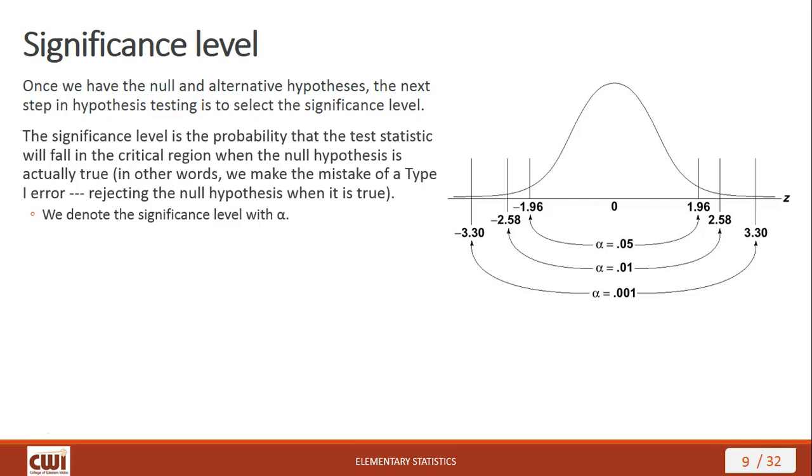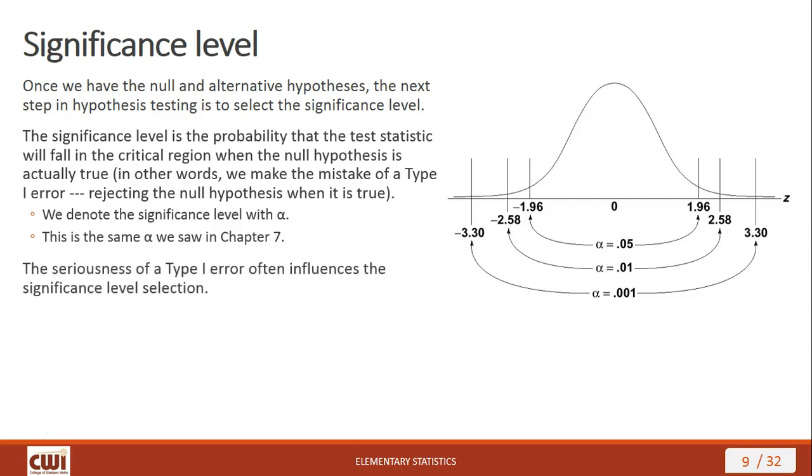First, we're going to denote the significance level with the lowercase Greek letter alpha. This is the same alpha that we've seen previously in chapter 7. So there's no difference here. It's the same alpha. Now, what we select for significance level is often determined by the seriousness of a type 1 error.